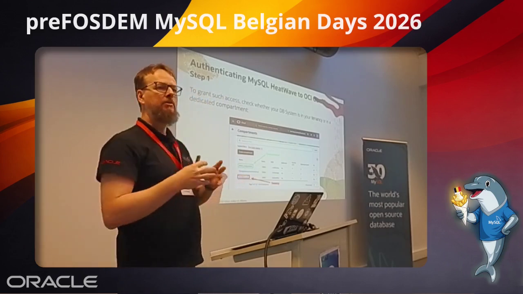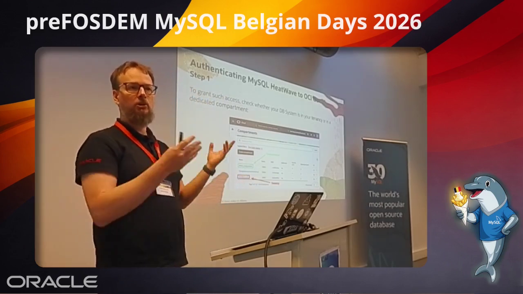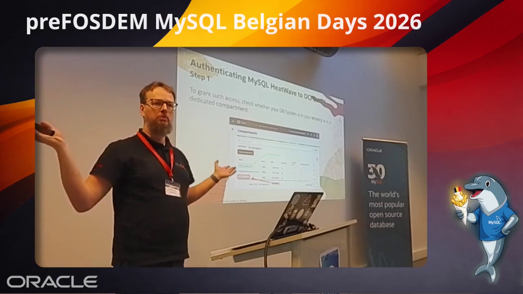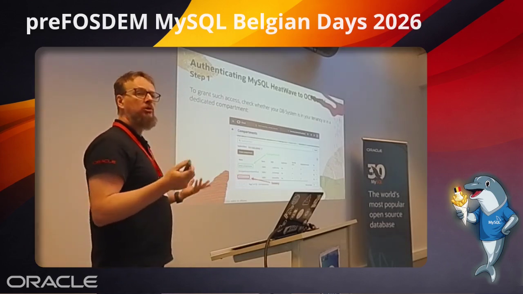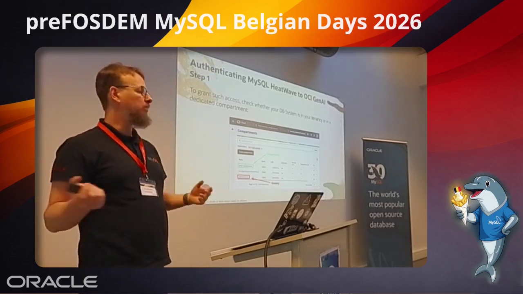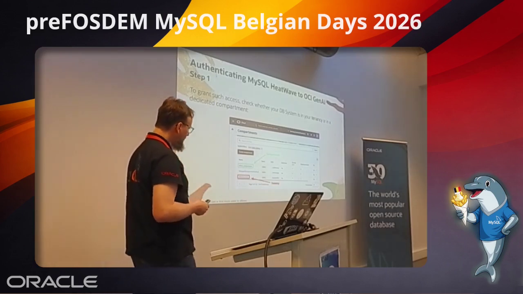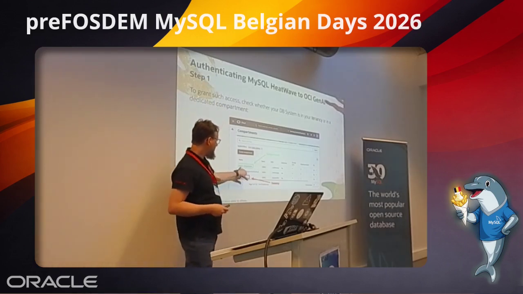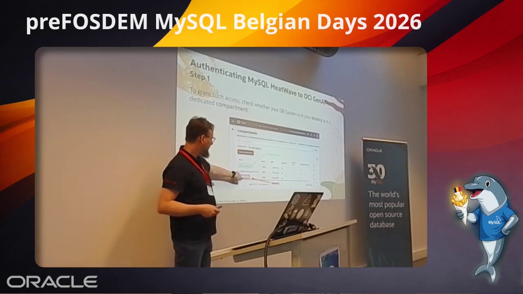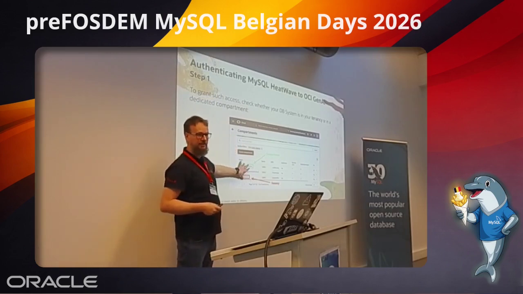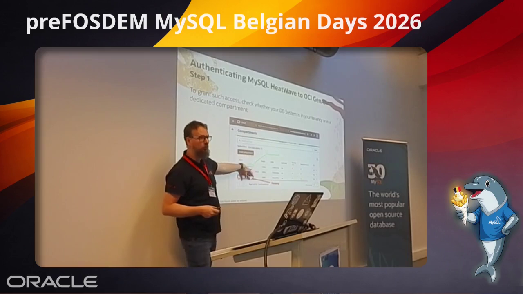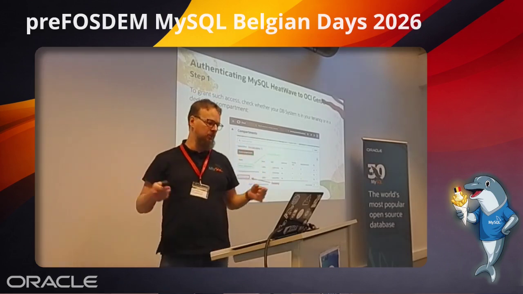So where is my database located? Do I have a compartment, or is it on the root, for all the tenancy? You need to define that, because it will change the policy. For example here, my compartment is Le Fred compartment, and Le Fred BE is the tenancy. This is an always free tenancy that I'm using.